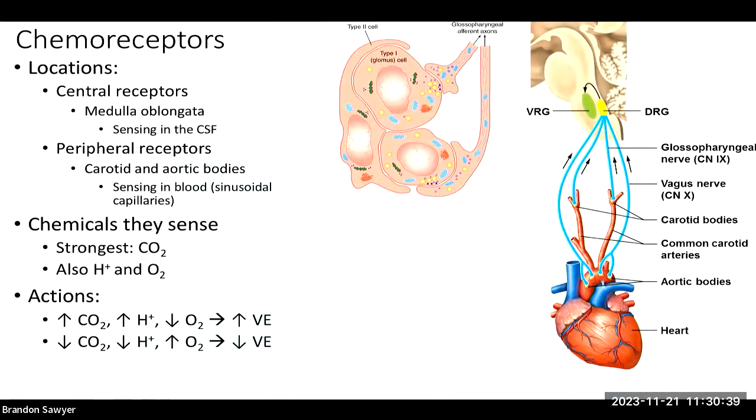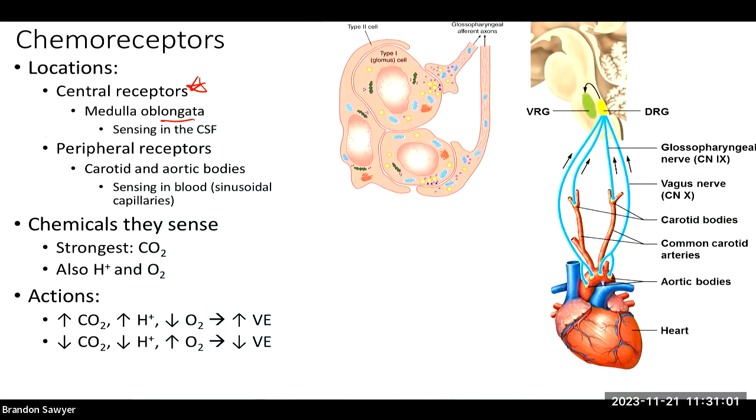And so chemoreceptors, just like we talked about them controlling the heart, are also going to be important for controlling breathing. And we have them in the same two places we talked about before, right? First of all, we have central receptors in the medulla, sensing the level of certain chemicals in the cerebral spinal fluid. We'll talk about how those work in a second.